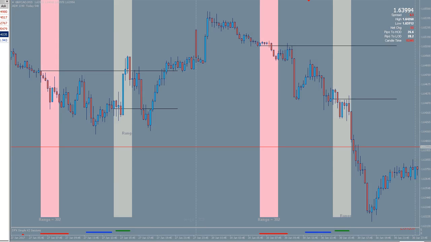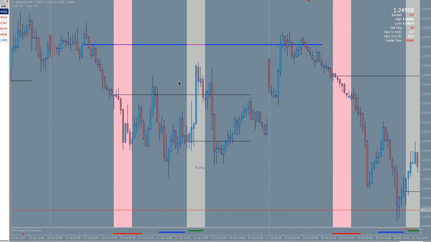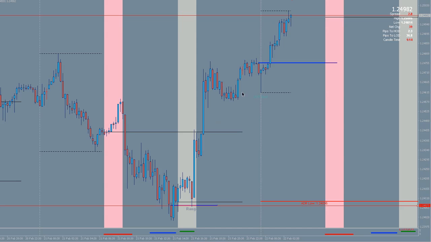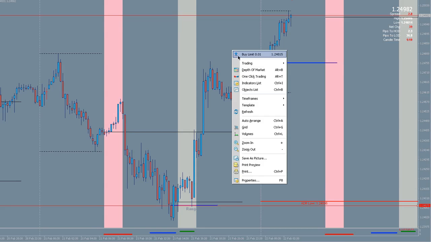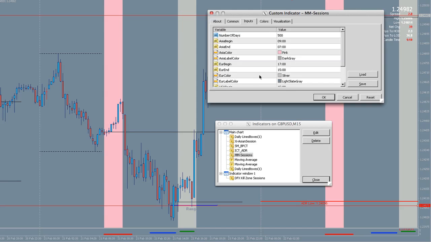It also works for New York as well. Similar scenario. So the parameters for the New York session line and box is 13:15, so it's 3 o'clock Rwanda time, 5 o'clock.